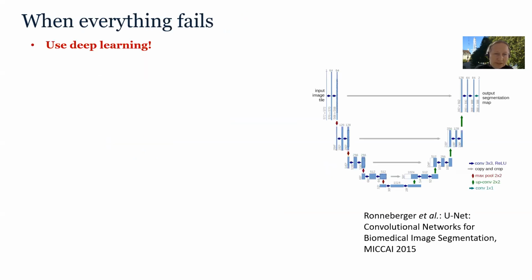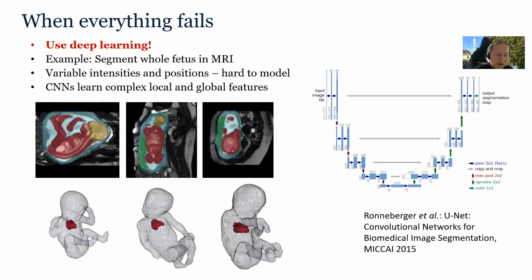But sometimes this type of modeling can fail completely, and that's when there is really time to reach out to deep learning. For example, this happens if we are interested in segmenting the whole fetus in fetal MRI. You can see that the whole fetus obviously doesn't have uniform intensity. It's not a region of uniform intensity.